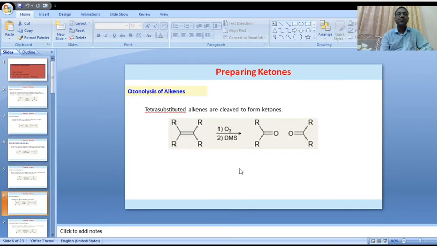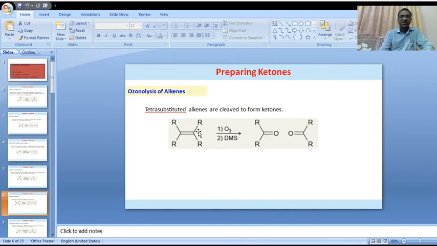But here, in the tetra-substituted olefin there are 4 alkyl groups. Tetra-substituted olefins or alkenes are cleaved to form ketones.